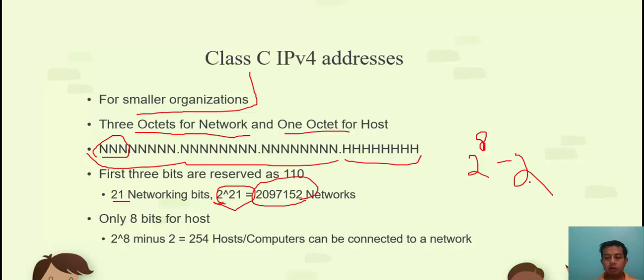Because all zeros cannot be used, and all ones is the broadcast address. So 2 to the power 8 minus 2, that means 254. Only 254 computers can be connected in one Class C network.